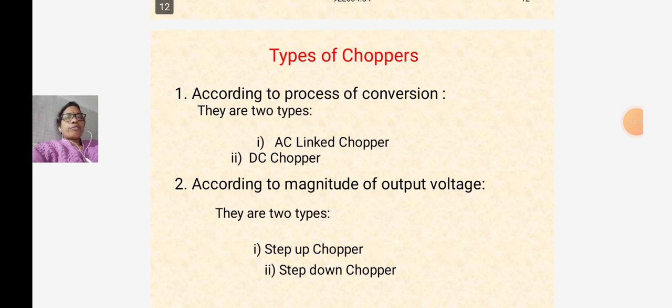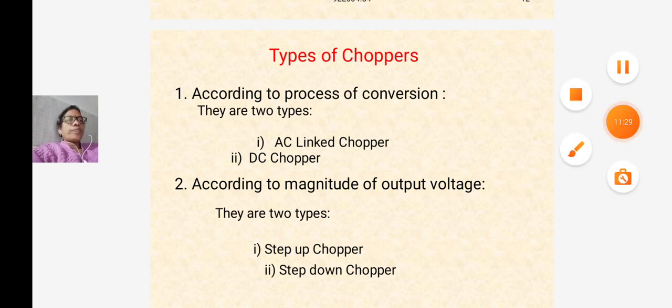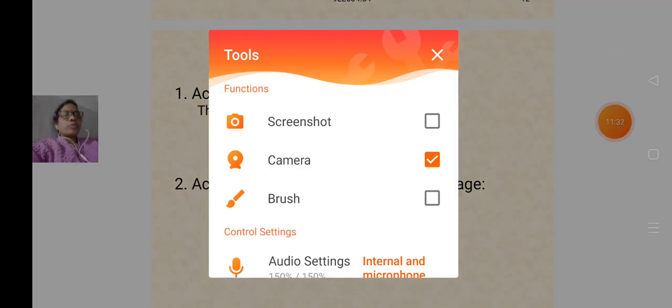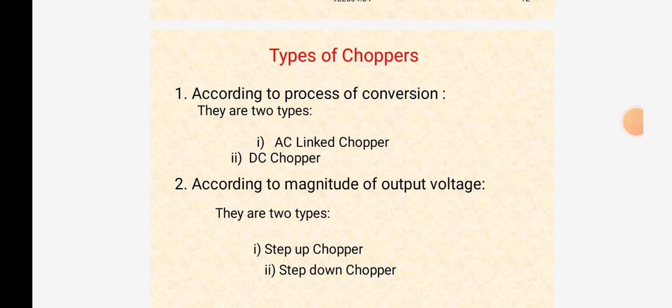Now the types of choppers. According to the process of conversion, there are two types, that are AC link chopper and DC link chopper. According to the magnitude of output voltage, there are two types, that are step up and step down choppers.